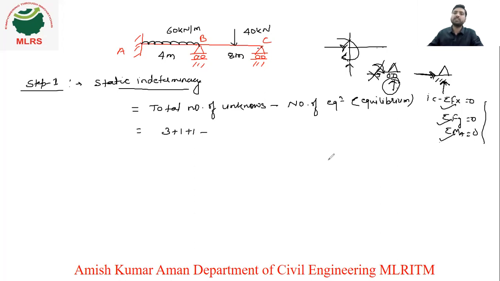We have 3 equations, right? So the value is 2. It means the degree of static indeterminacy of this continuous beam is 2, right?